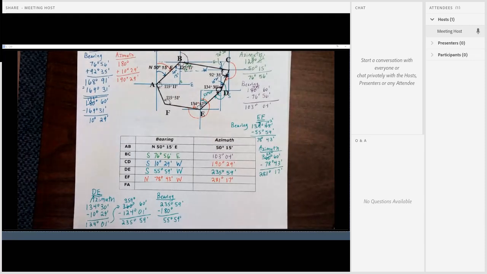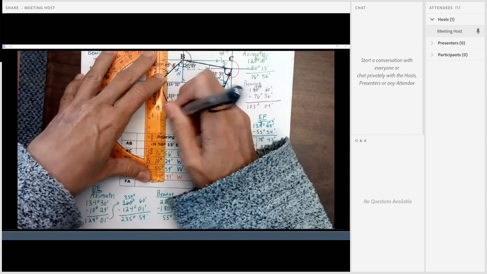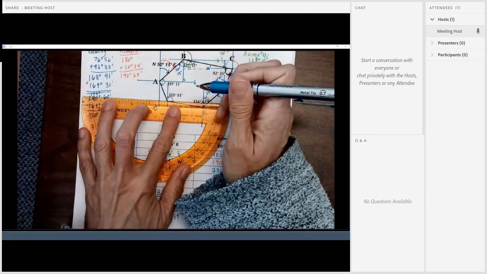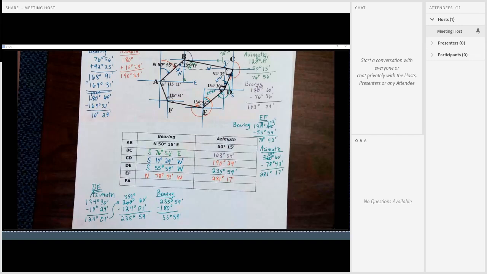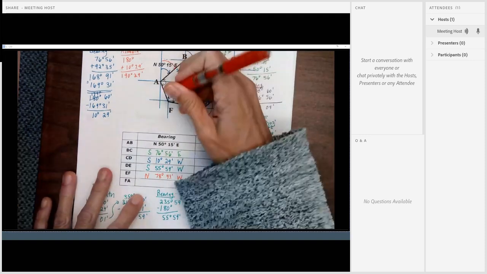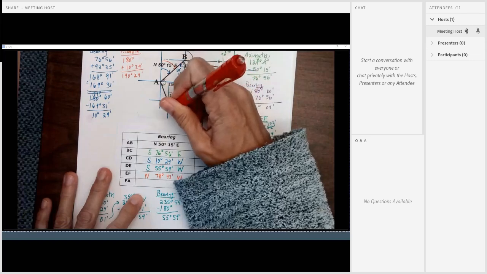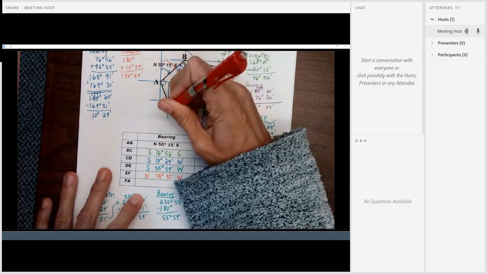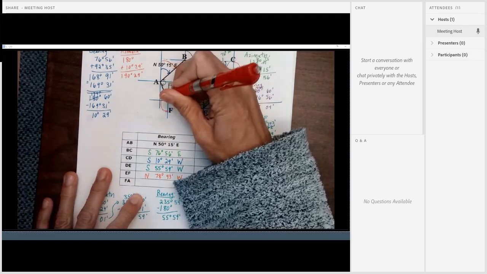All right, last one here. We're going to come over to F and draw our coordinate system there, and label bearing and azimuth. So for my azimuth, again, I've got to come over to this FA line. So starting from the north, it goes all the way around to there.